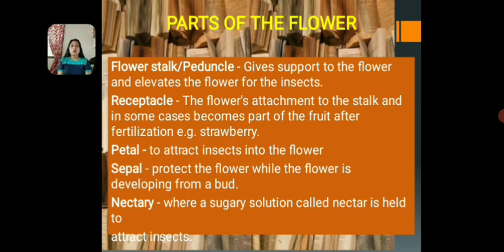An example is the strawberry. Petals can attract insects into the flower. Sepals protect the flower while it is developing from a bud. And the nectary is where a sugary solution called nectar is held to attract insects.